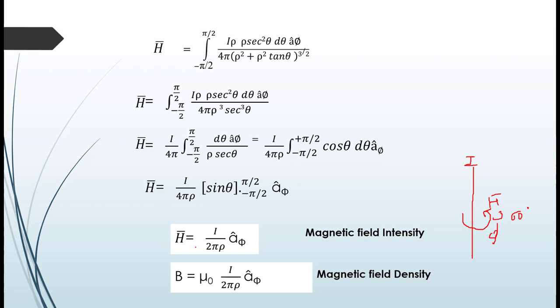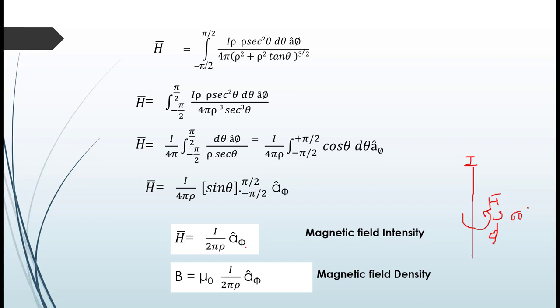In this way h bar is indicated, and b bar and h bar, where b bar means magnetic flux density, are related by the permeability, that is mu naught. So b bar is equal to mu naught into h. So that equation will become mu naught into I upon 2 pi r into a phi cap.